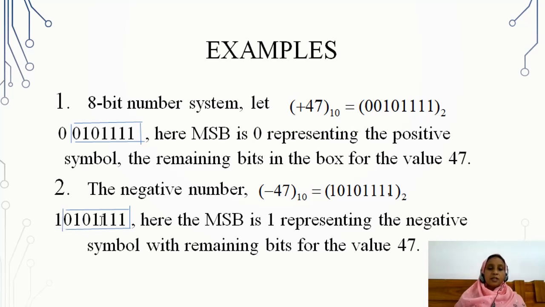This number represents 47. So minus 47. Hope that all of you get how to represent a number using the sign magnitude system. In the case of n-bit numbers, the most significant bit is exclusively the sign bit. The remaining bits are used to represent the value or magnitude of the number.